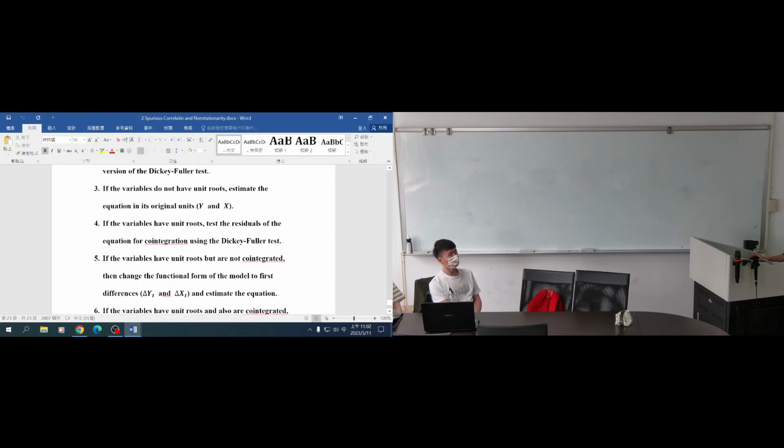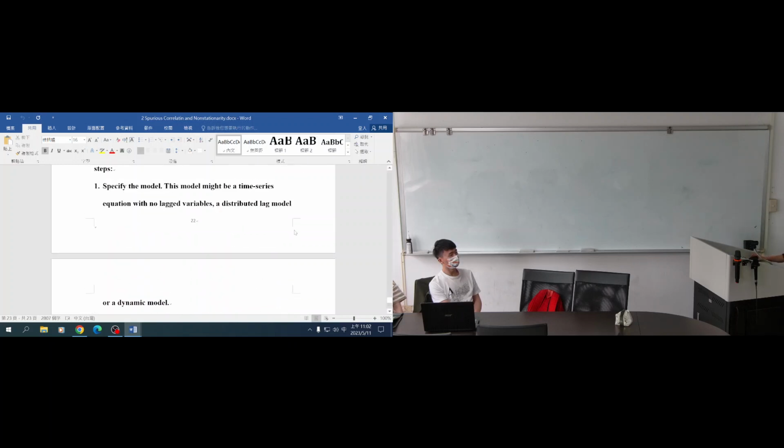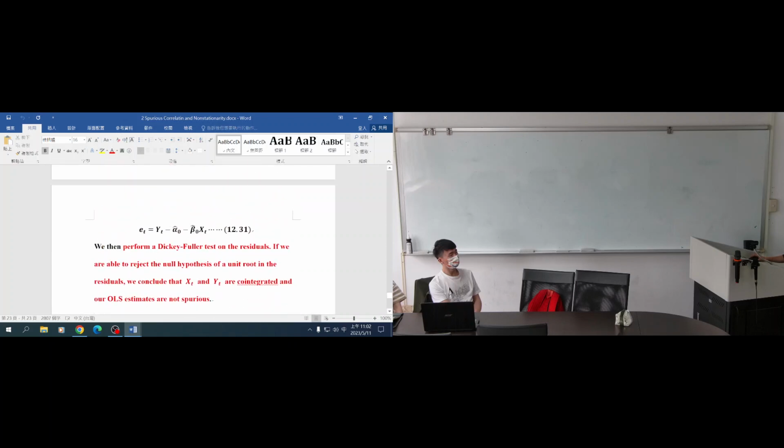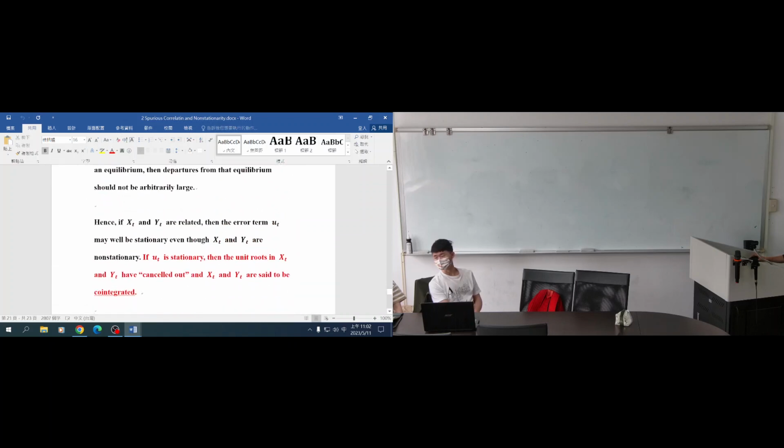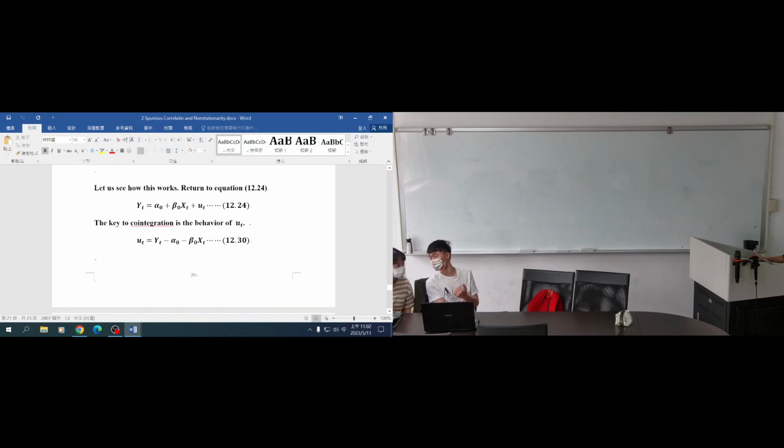Then, using the idea of co-integration, if this residual passes, usually equation 12.24 is the regression called the long run equilibrium by economic theory.